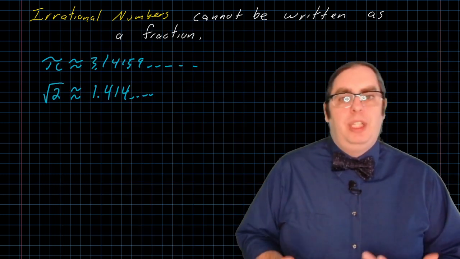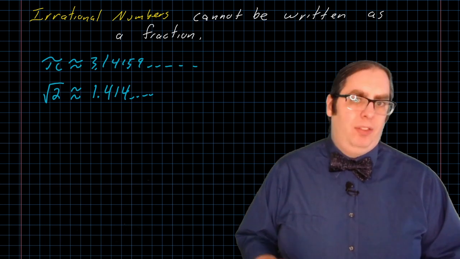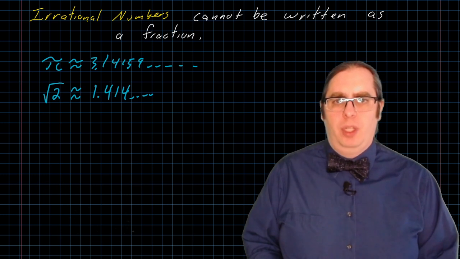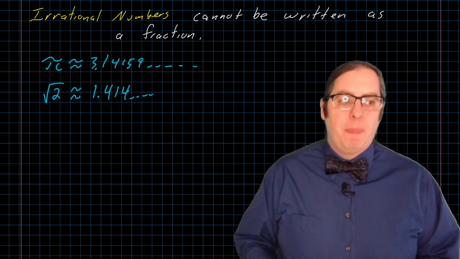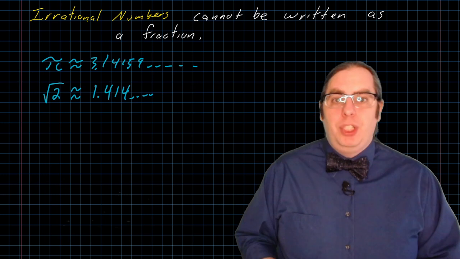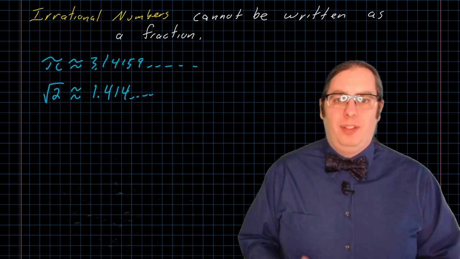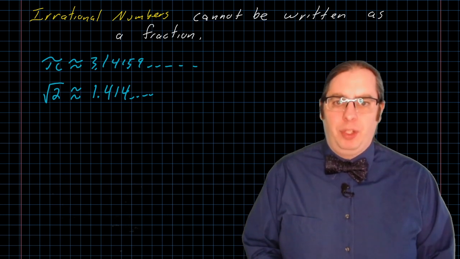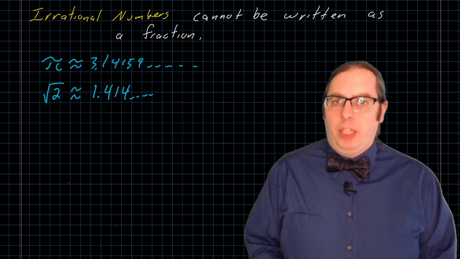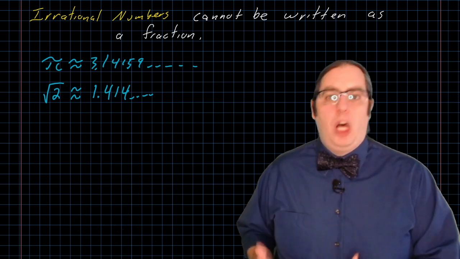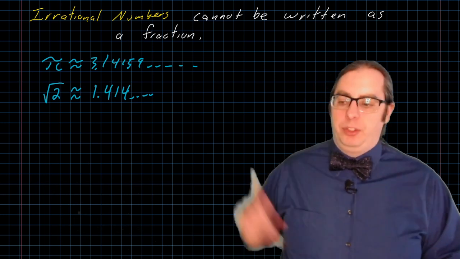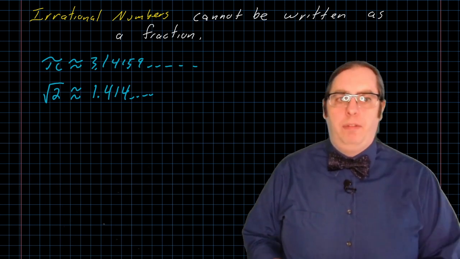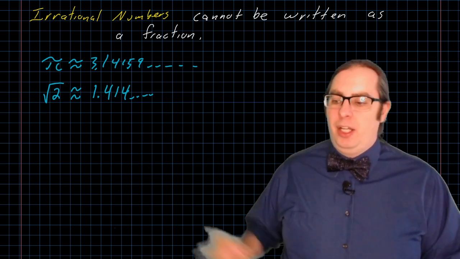I unfortunately cannot give you a nice, concise, set notation definition of the irrational numbers because there's actually a lot going on here. There's a lot of different kinds of irrational numbers, these two being two of the four poster children that I know.